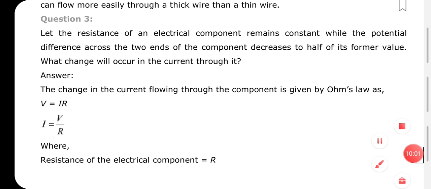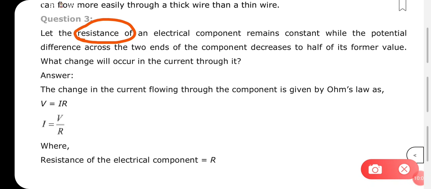See children, in this question it is given that the resistance is something that remains constant. Among the different electrical components, just remember that our R value is constant, so there is no change in it.